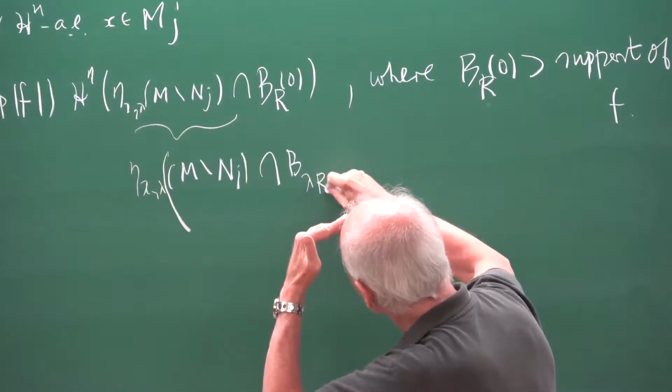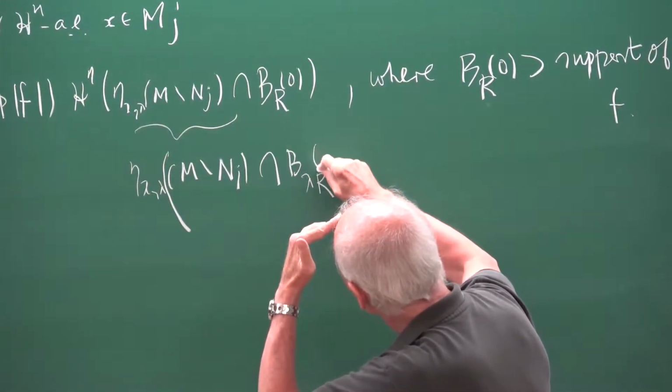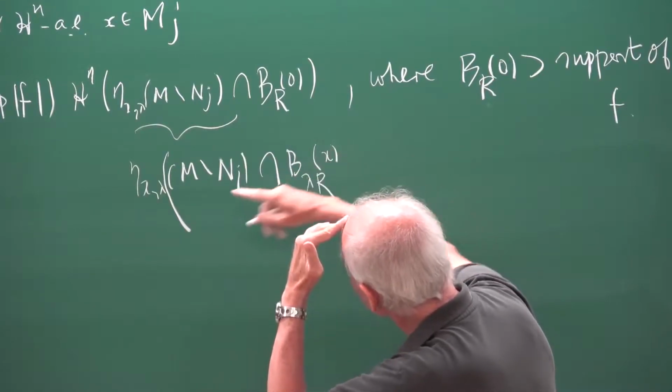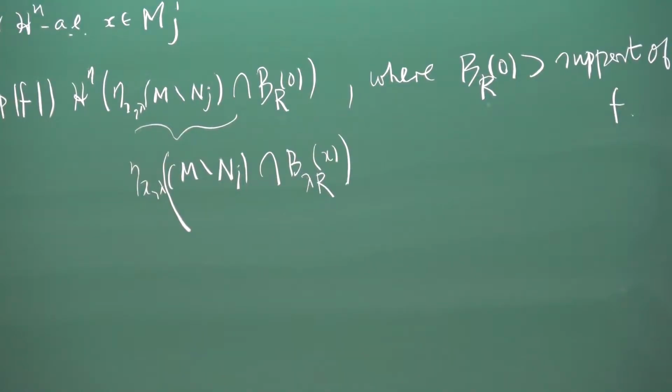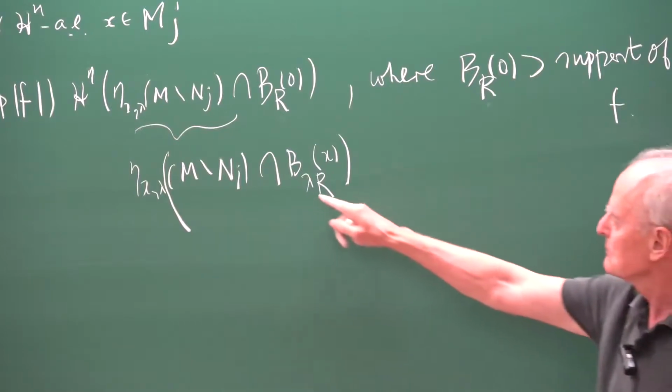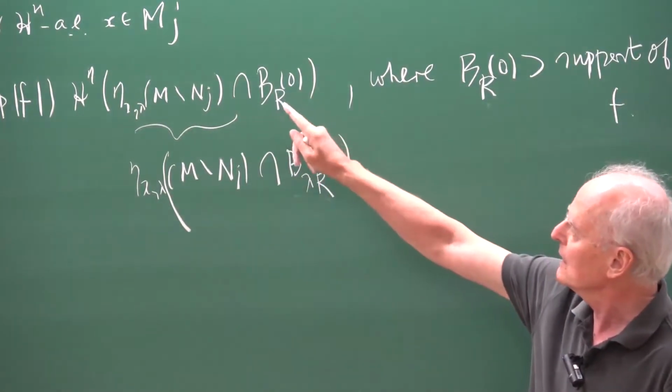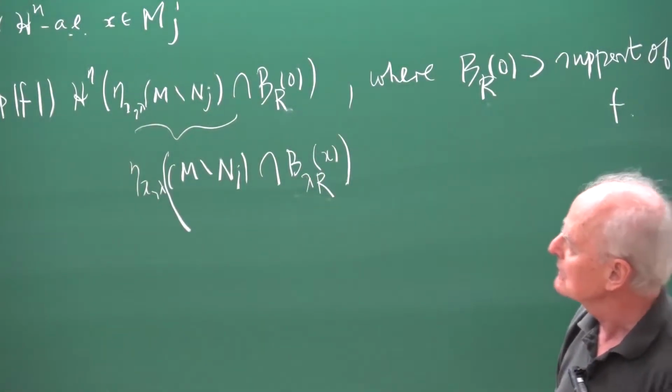So this is the same as applying η_{x,λ} outside the bracket to that set, right? Because η_{x,λ} translates x to the origin, so it takes that ball centered at x to a ball centered at 0, and it multiplies by λ to the minus 1. So it takes the ball B_{λr} to the ball B_r. So you get back to this. So it's the same as that.